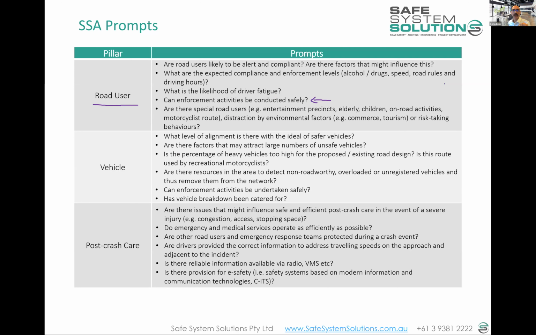We can't pull vehicles over because of these barrier systems. And we maybe then say, well, can we play with this design to create areas where this could happen and factor that in? Are there special road users? So is it entertainment precincts, elderly, or children, on-road activities? Are there distractions by environmental factors, big pineapples or something?